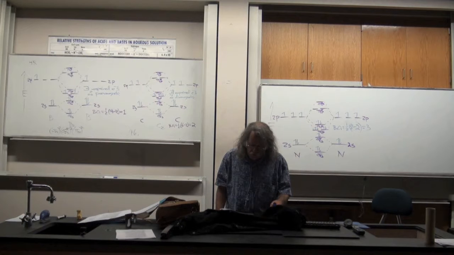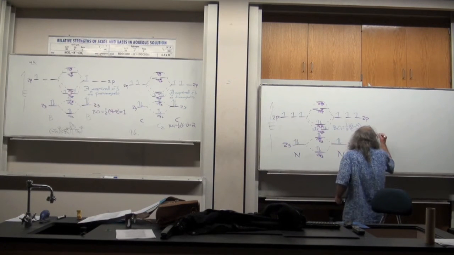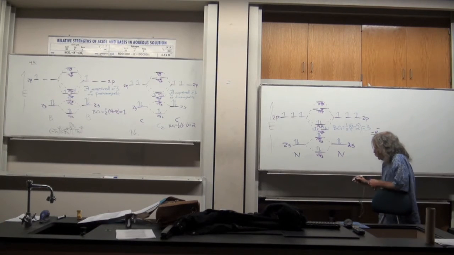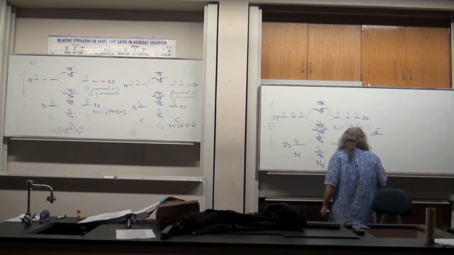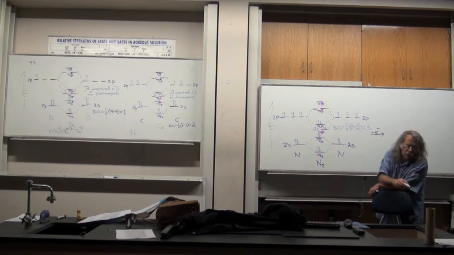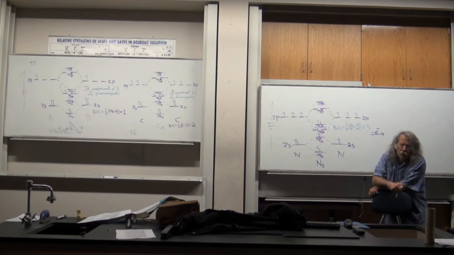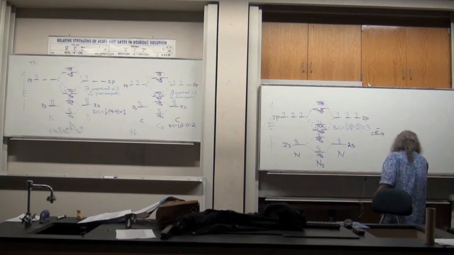That was option E. Now, if I were to remove an electron from that to make the dinitrogen cation, which electron is the most likely one, the most easily removed? The higher energy. The sigma 2p. And so here I'm just going to draw the molecular orbitals.